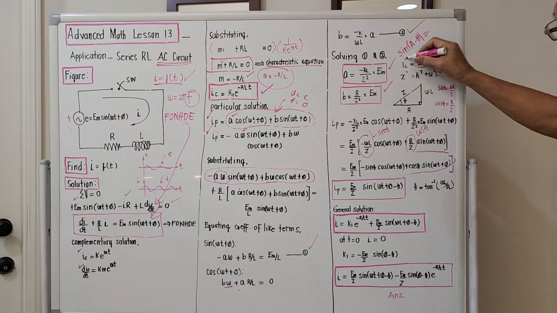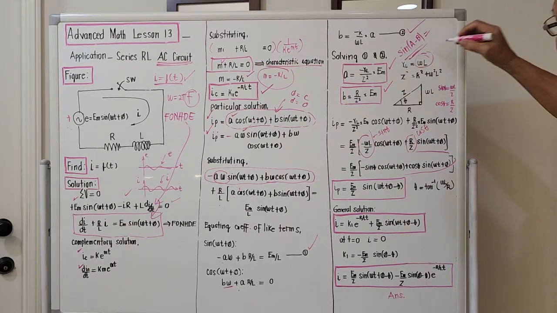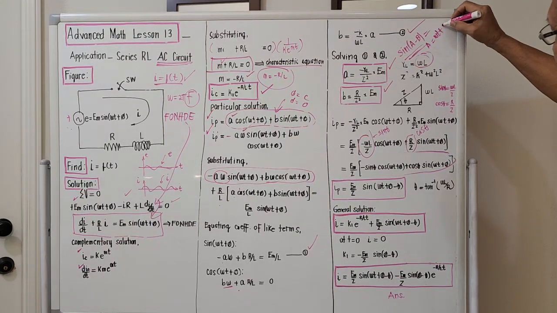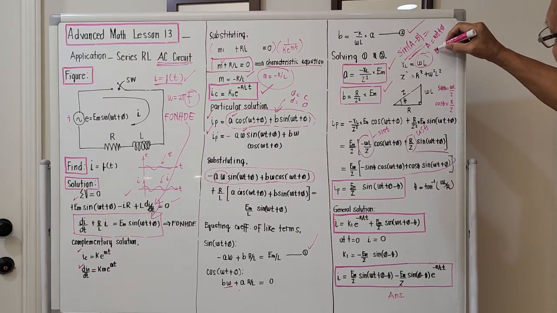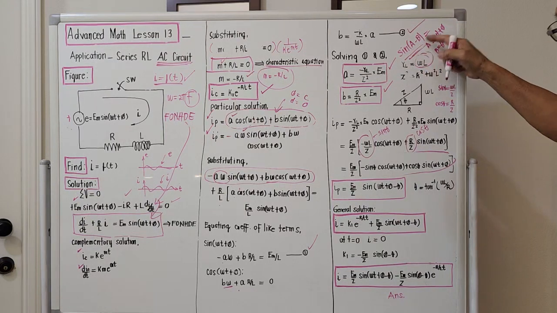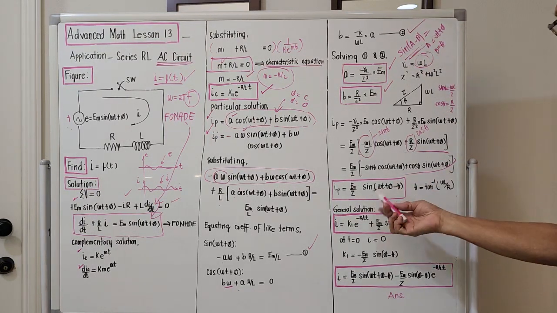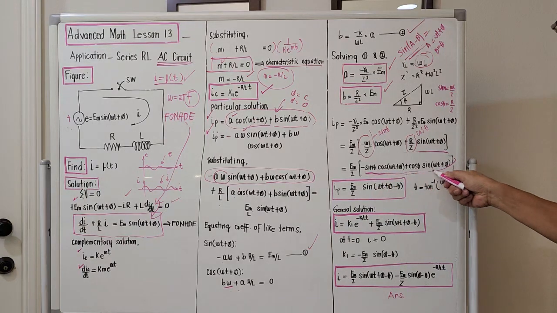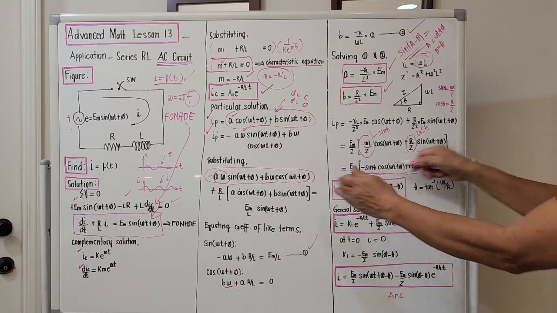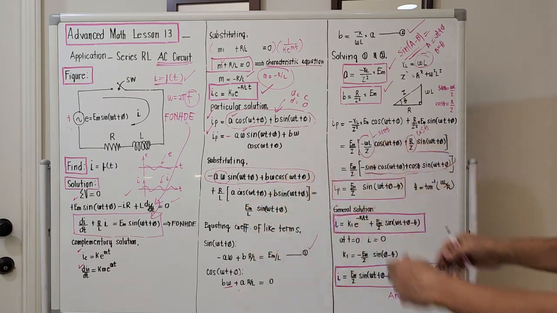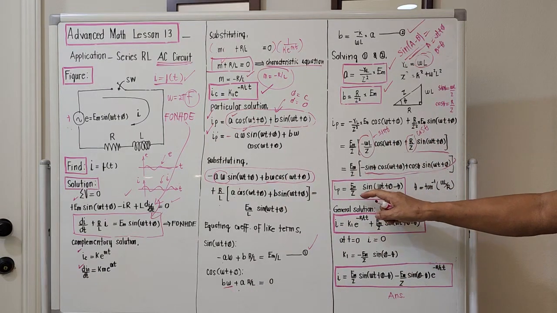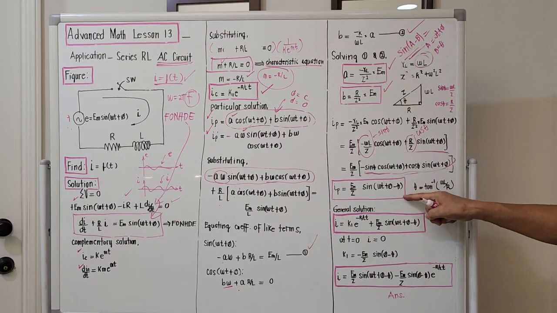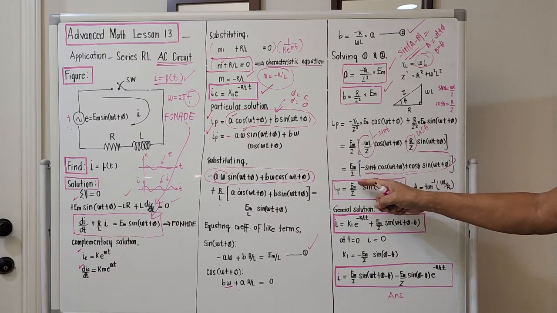If we try to expand this one, where A will be equal to omega t plus angle P and B is equal to theta, the expansion is this. So if we try to compress it, it will simply be the sine of the quantity omega t plus angle P minus theta times E sub M over Z.